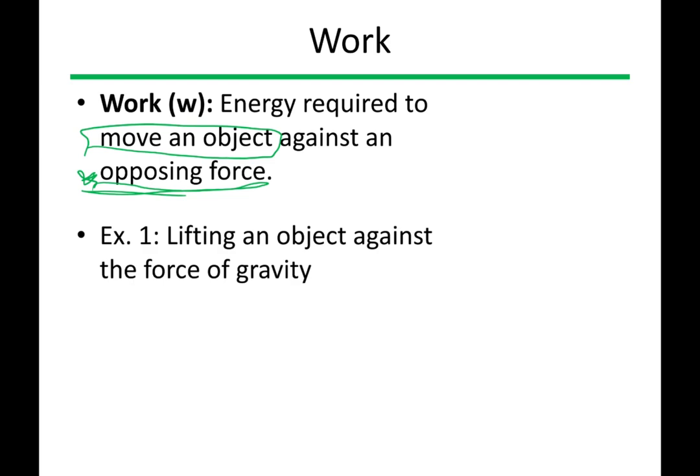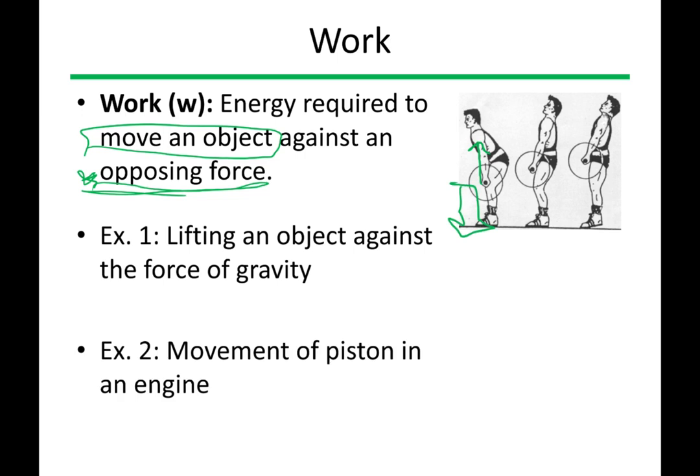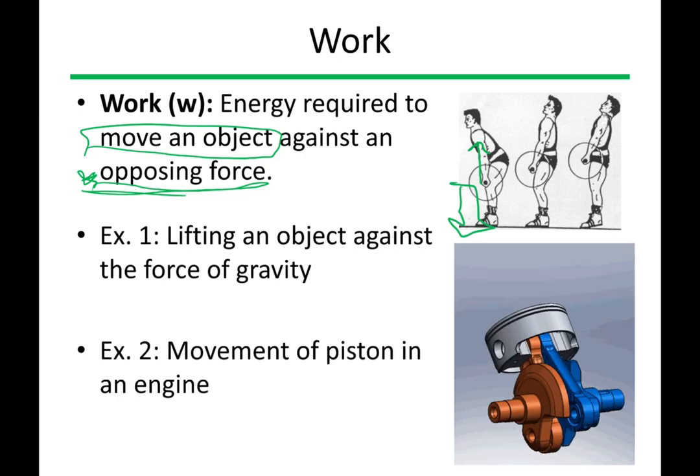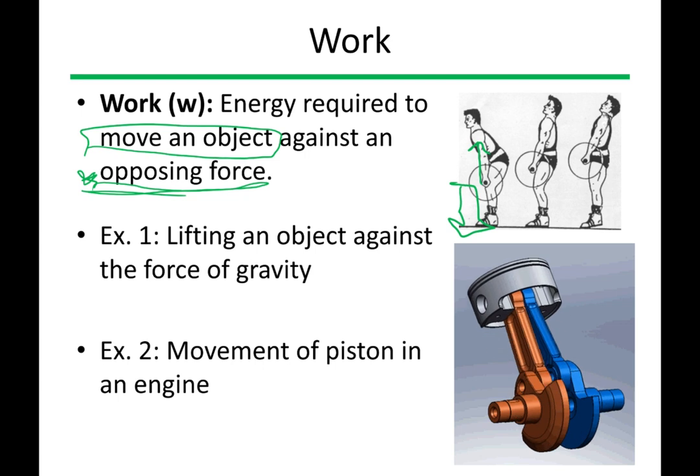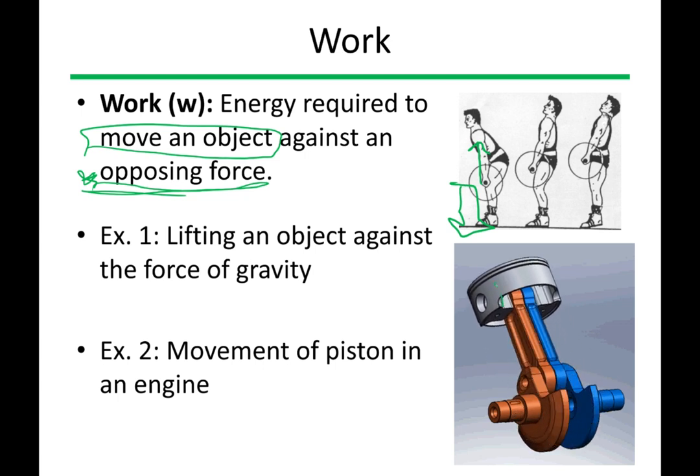So one example, we can think about lifting an object against the force of gravity. So that's doing some work. We're raising this up, increasing its potential energy because we're moving it against this gravitational force that's trying to pull it down. If we move a piston in an engine, there's a few forces we're working against here. So there's some force due to gravity that's just trying to pull this down.